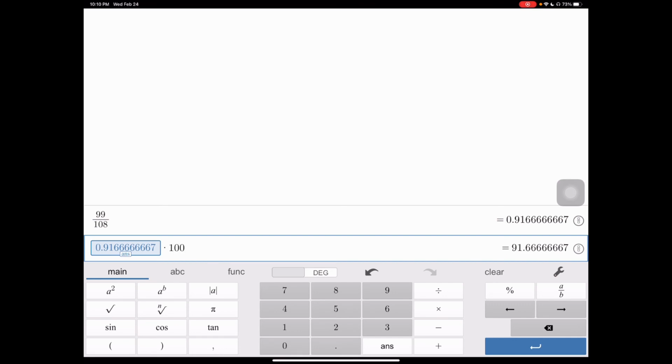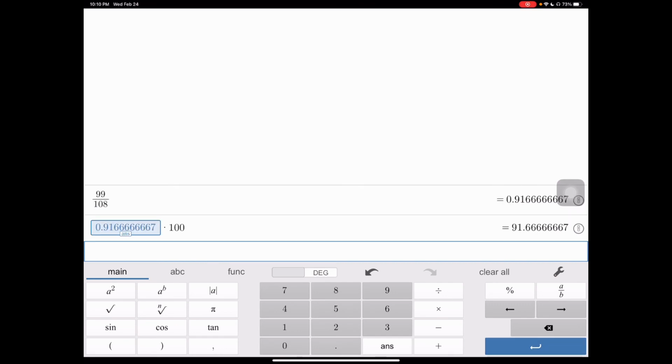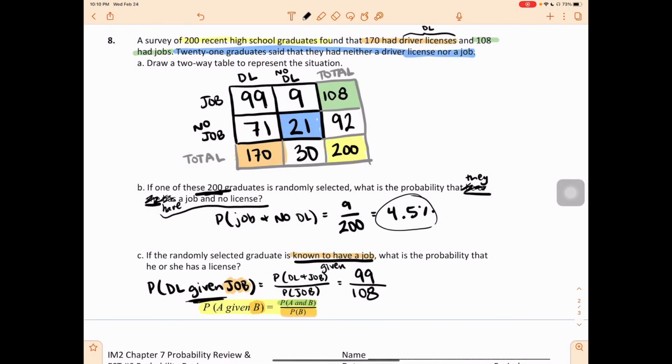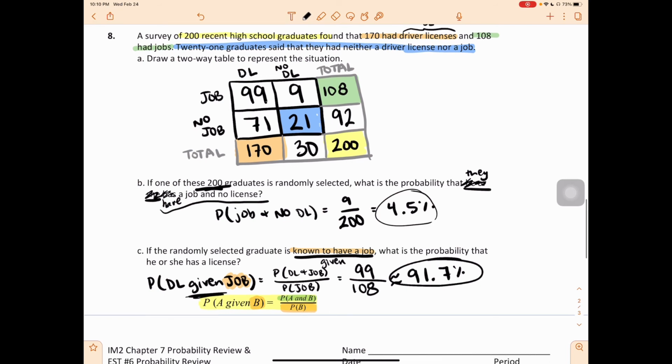Sorry guys, so this is about 91.7% if you were to round it. That is the probability that if we selected out of all the students who have a job, that student would also have a driver's license. All right, now we're almost done.